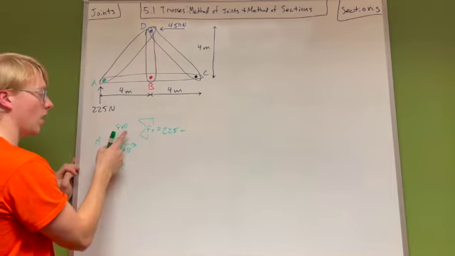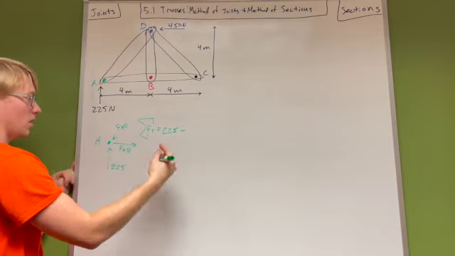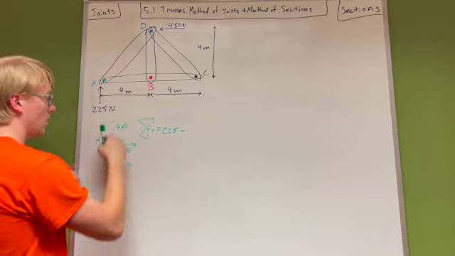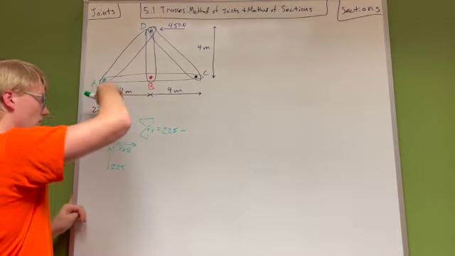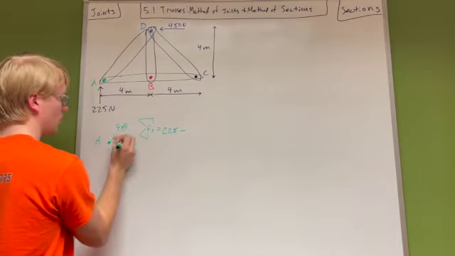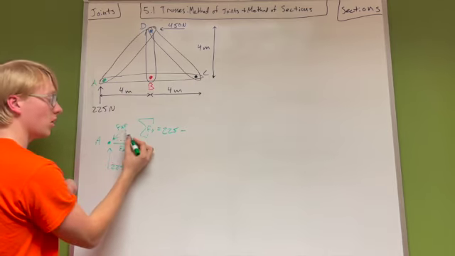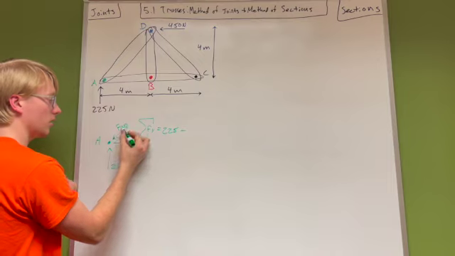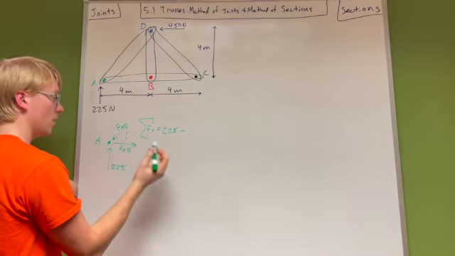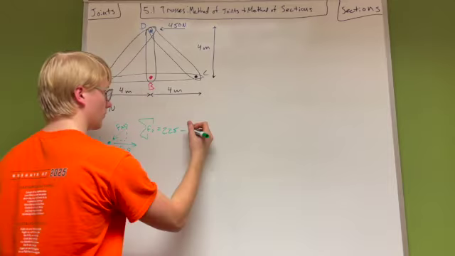Okay, we're going to calculate the Y of this force of FAD. So it's going down to counteract the 225, and we're going to do this angle right here. So the cosine, right, of 45 times FAD is the y component of FAD.